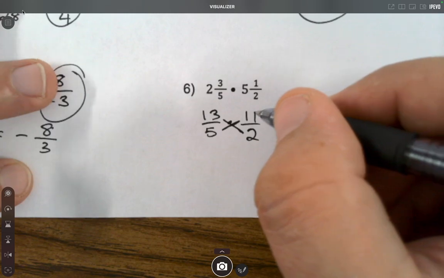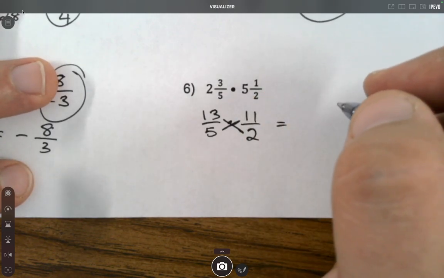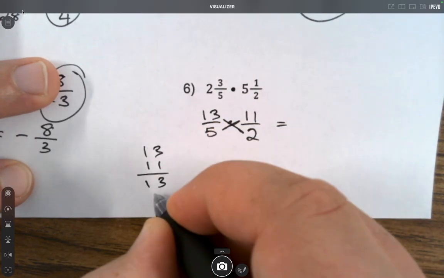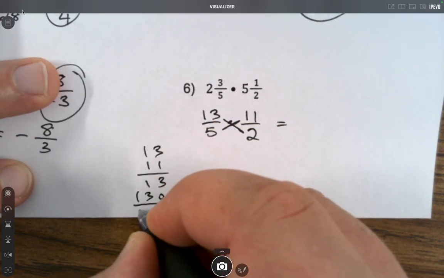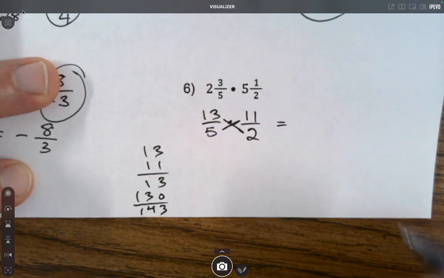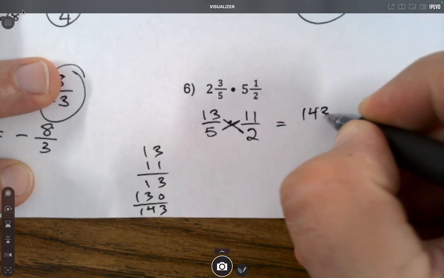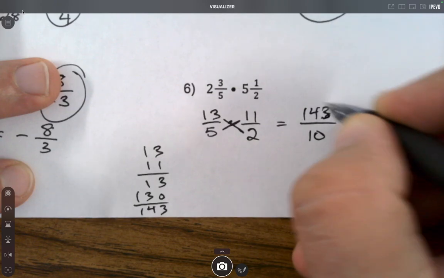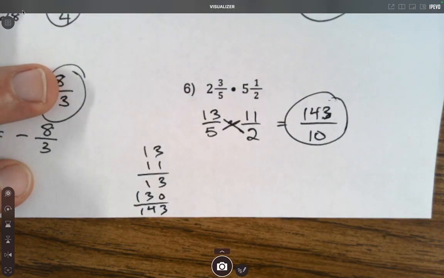So we multiply 11 times 13. Okay, 143. So 143 on top. 5 times 2 is 10. So we get 143 over 10.